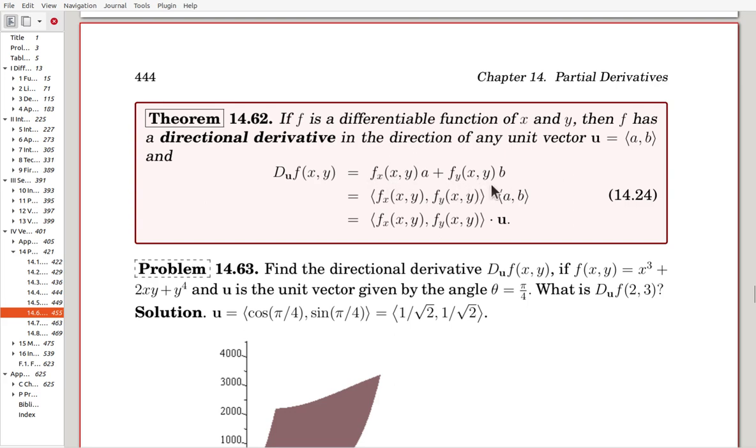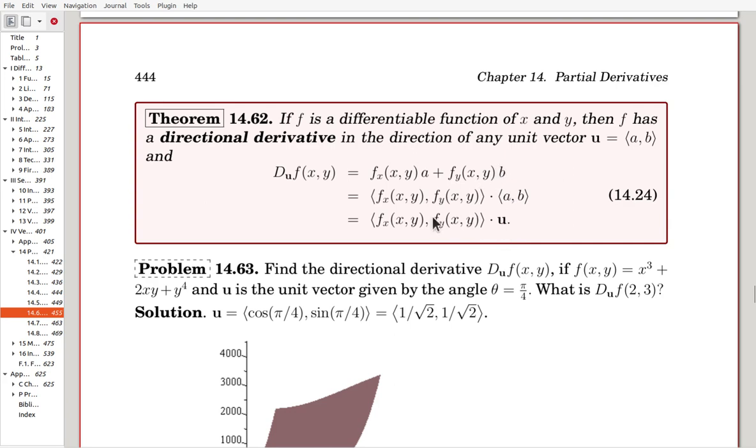We got this one from the derivation. Now, it can be written in this dot product form. So we have here the vector (f sub x, f sub y) dot the directional unit vector.